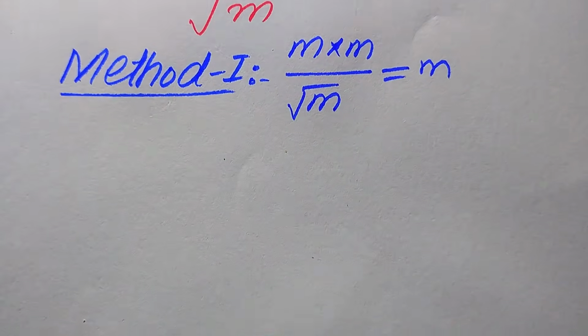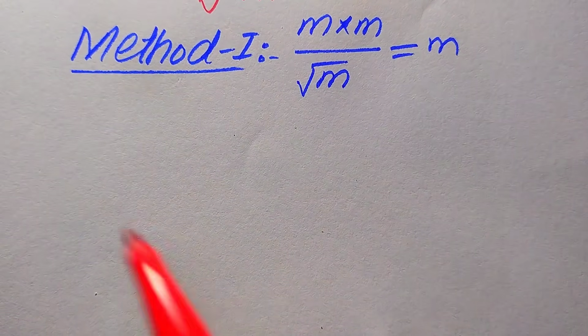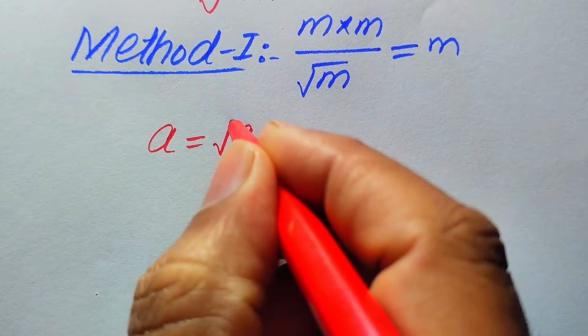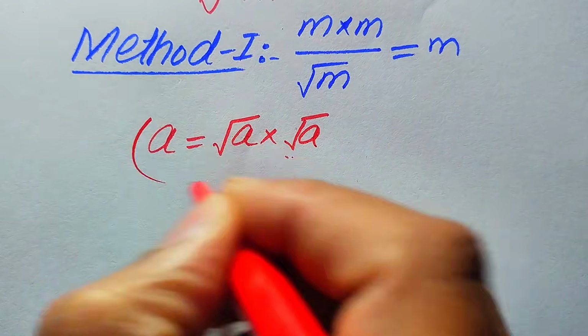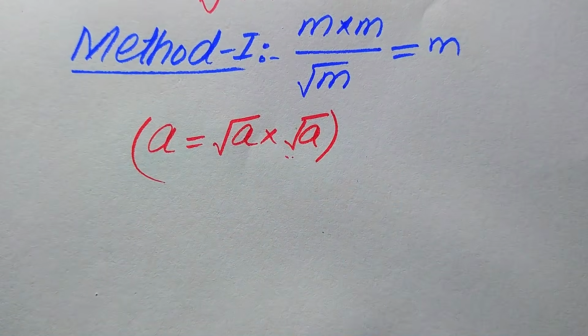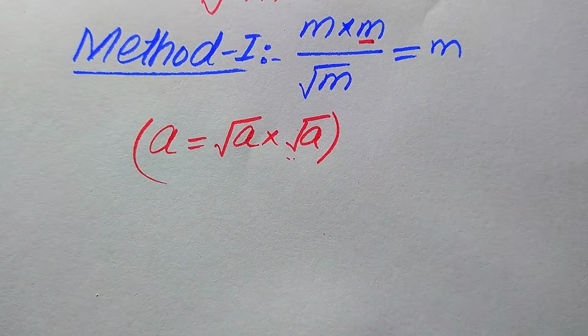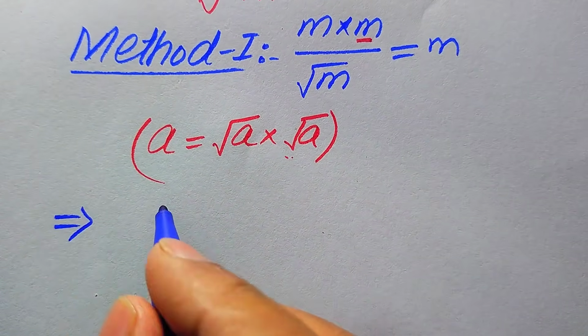And you know that if we have any number a, we can write this number a in the form of a product of two radicals in this way: square root of a multiplied by square root of a. According to this rule, we write this m in the form of the product of square root of m and square root of m.